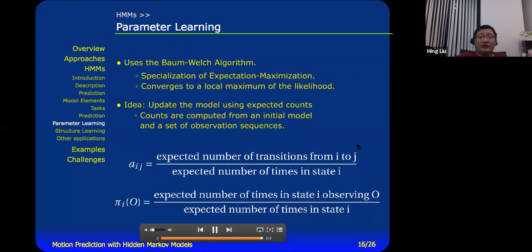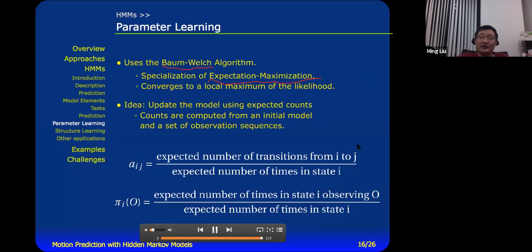If you only have data and you don't have the model, then you use the Baum-Welch algorithm. It's a specialized EM, expectation maximization. Probably some of you know EM from other machine learning lectures, and it will converge to a local optimum of the likelihood. How can we compute that?